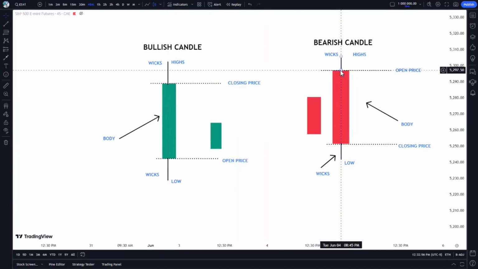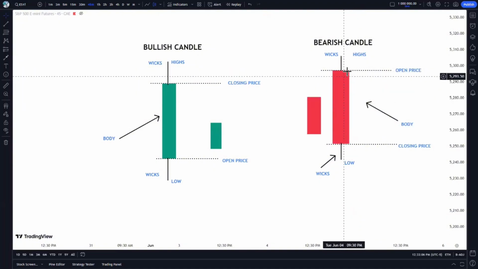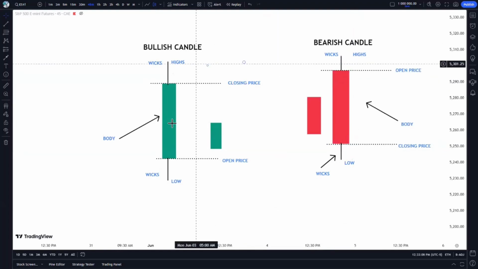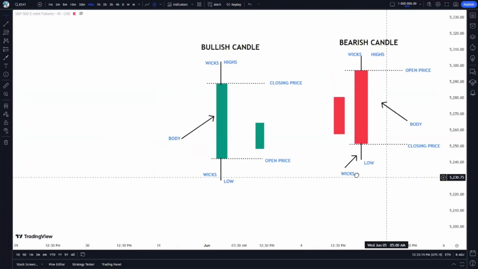And for the bearish one, if the closing price is below the opening price, that is a red candle, which is a bearish candle. And remember, the bullish candle means buy and the bearish candle means sell.